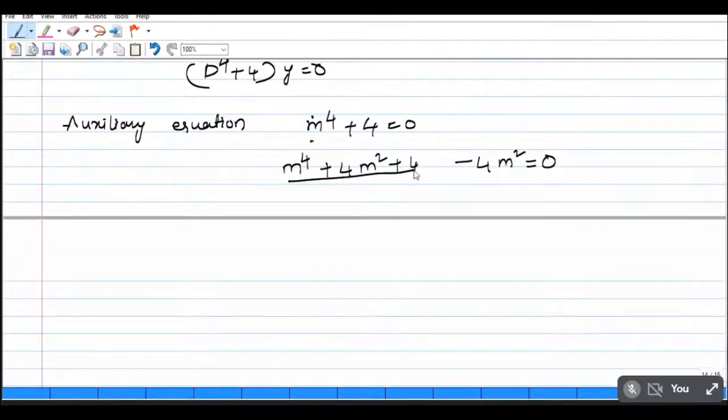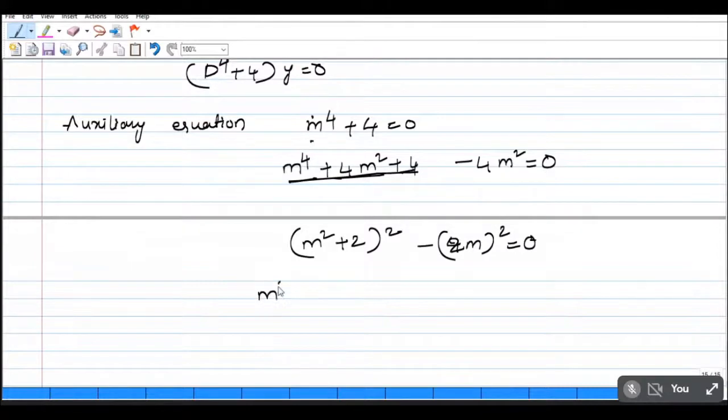First this one we can write (m square plus 2) whole square, which is m power 4 plus 4m square plus 4, minus (2m) whole square. Now this is in the form a square minus b square, which is (a plus b) into (a minus b). (m square plus 2 minus 2m) into (m square plus 2 plus 2m) equal to 0.